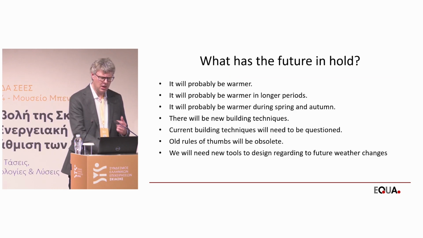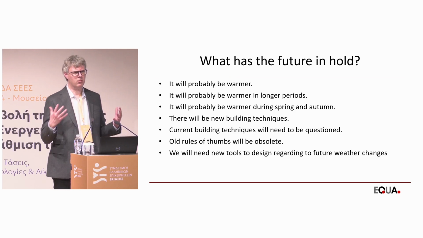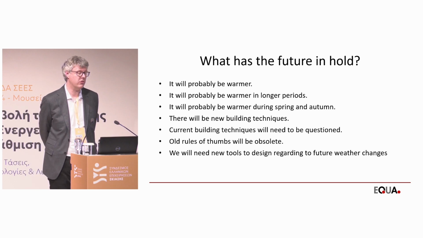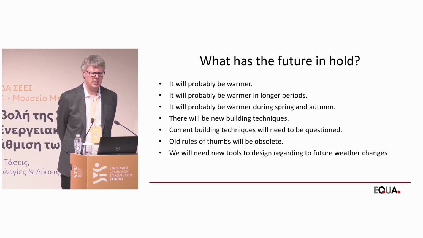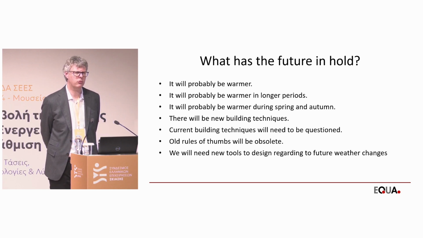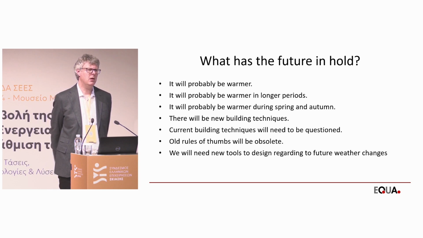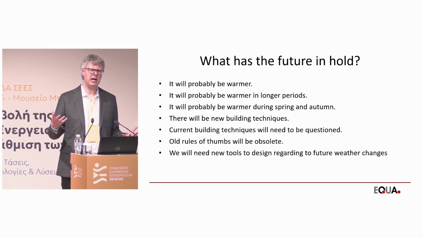So first of all, we need to figure out the future. And of course, that is not trivial at all. It will probably be warmer. I'm pretty sure that that is the case. It will also be warmer for longer periods. So, for example, passive strategies using the cool air during night will be harder to harvest.